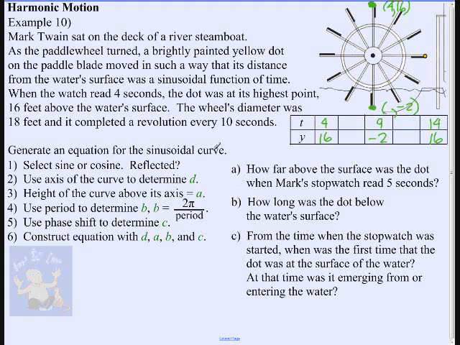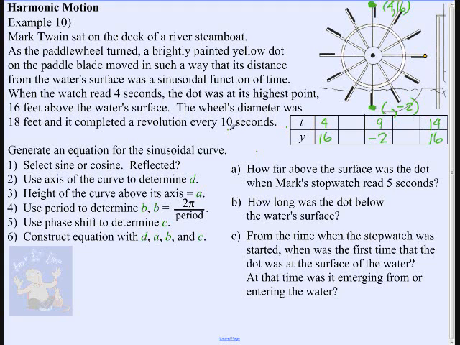Generate an equation for the sinusoidal curve. All right. So if I think about this, at 4 seconds, y is 16. At 9 seconds, y is -2. And at 14 seconds, y is 16 again.